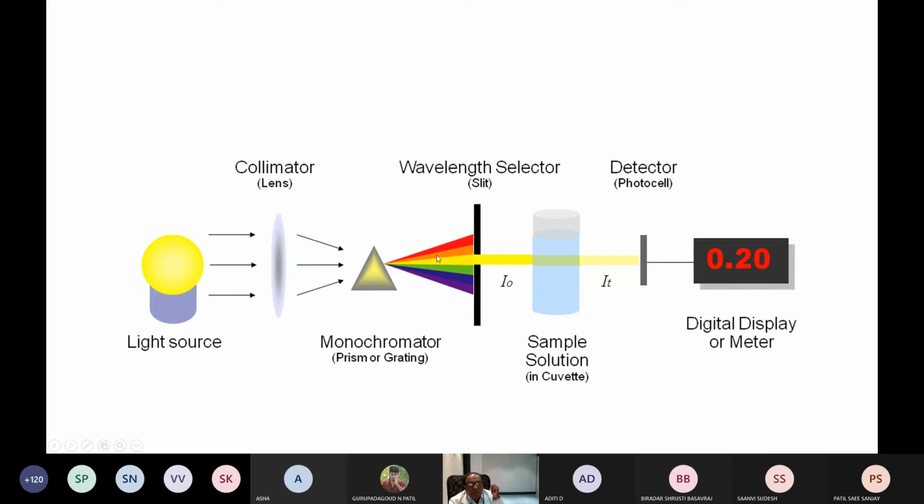In this, the required wavelength is selected and passed through the slit. It falls on the cuvette containing the solution of some concentration, it is transmitted and detected by the photocell, and it is converted and expressed in the digital display of the meter. This is how the spectrophotometer works.